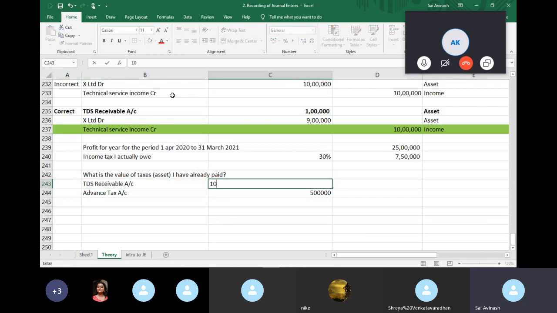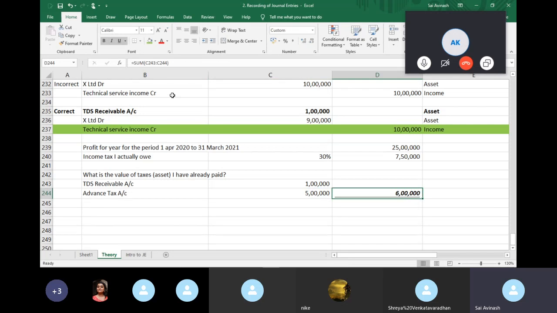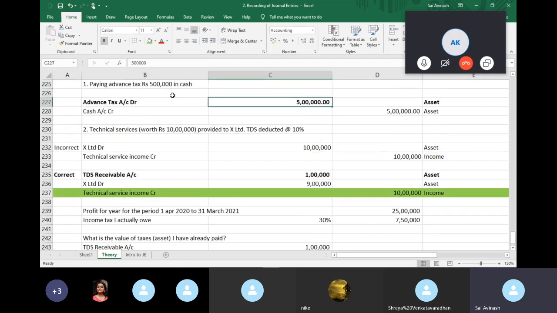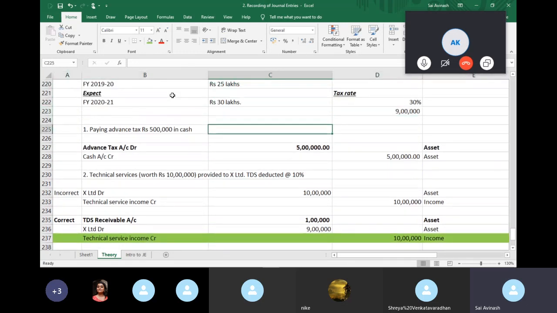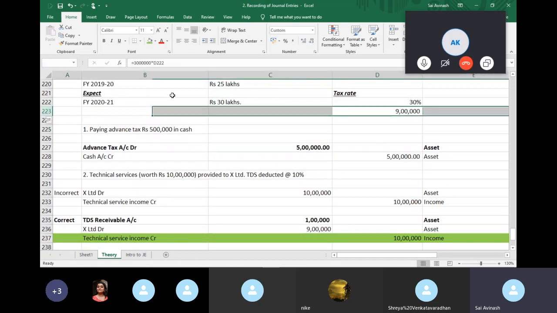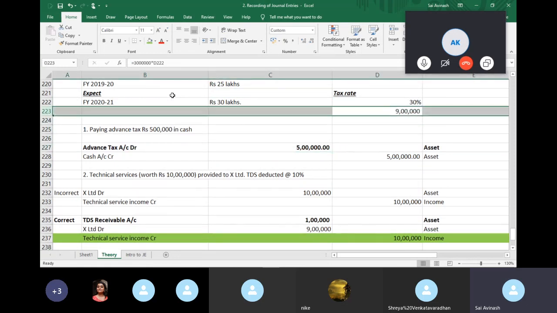And this is a balance of 1 lakh. So you've paid a total of 6 lakhs tax already, right? You paid 5 lakhs when you figured out that you have to pay 9 lakhs in total. You would have eventually paid the balance 4 lakhs at some point of time.